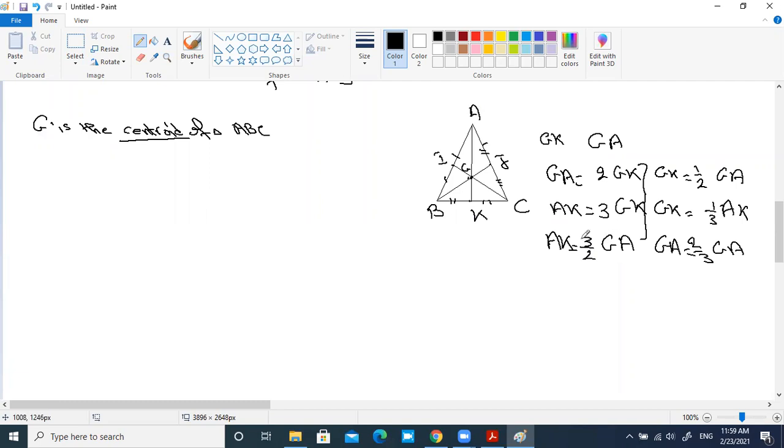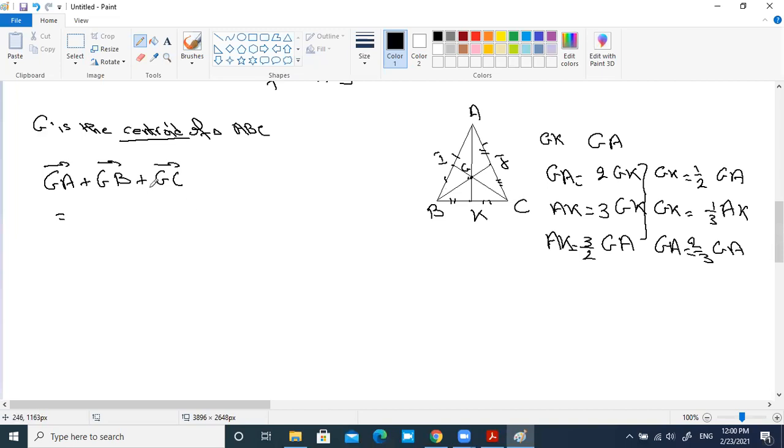I'm going to find the sum of GA plus GB plus GC. Let me find the sum of these three vectors.